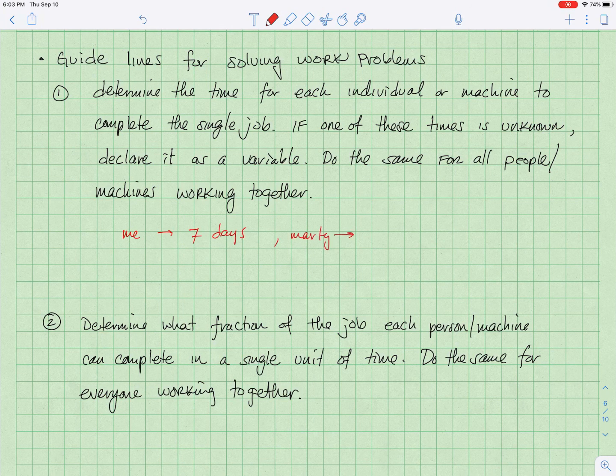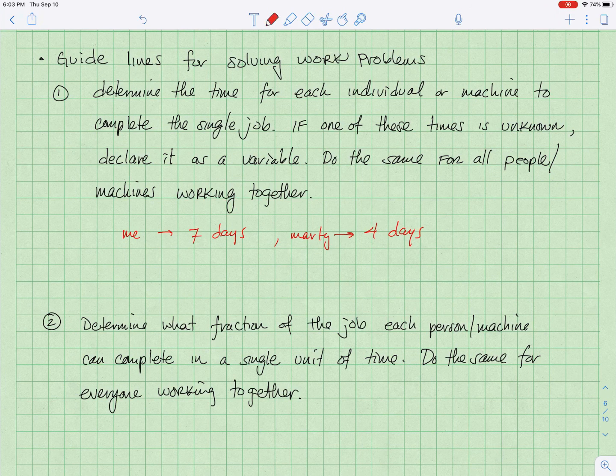Marty, 4 days. If one of those times is unknown, declare it as a variable. Well, we actually know both of those times, so I don't need to declare it as a variable. And then it says, do the same for all people and machines working together.